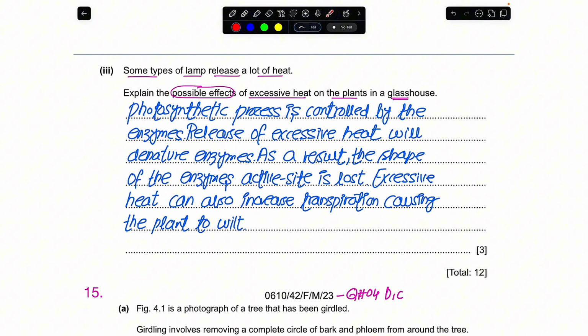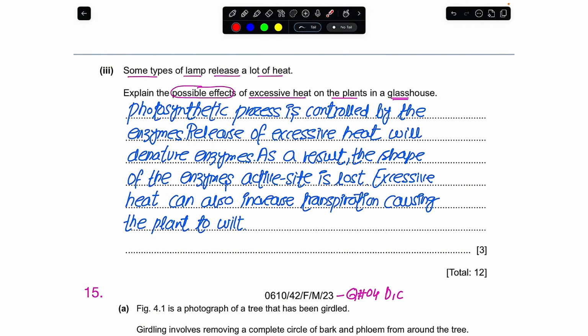The photosynthetic process involves enzymes, and if we use lamps that emit excessive heat, for sure it would denature the enzymes in the cells of the leaves. As a result, the shape of the enzyme's active site is lost.